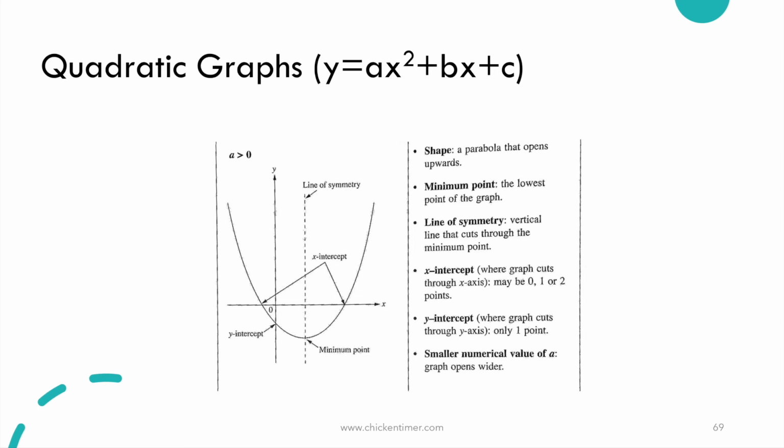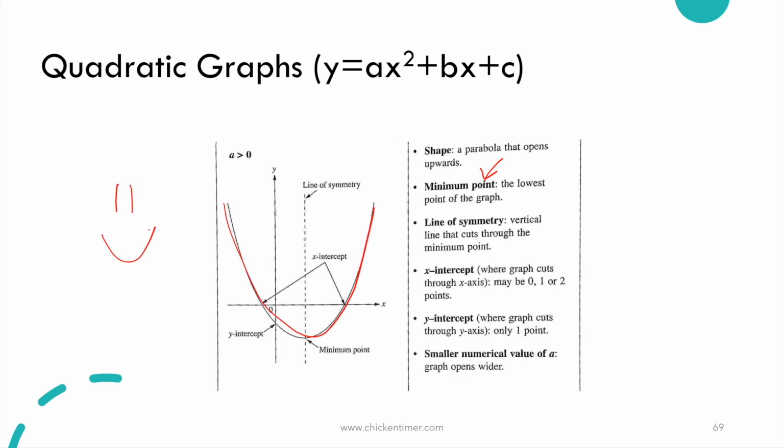Quadratic equations always start in the format of ax squared plus bx plus c. So if a is positive, then we will have a smiley face like this. So it has a minimum point, a smiley face like this.